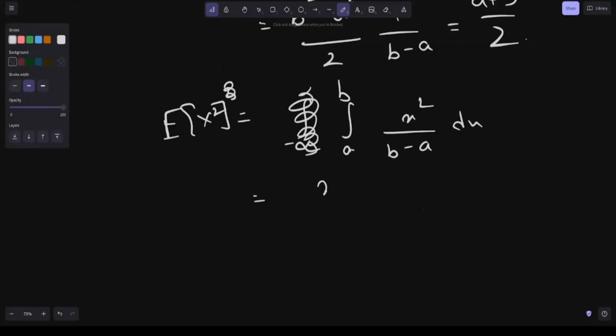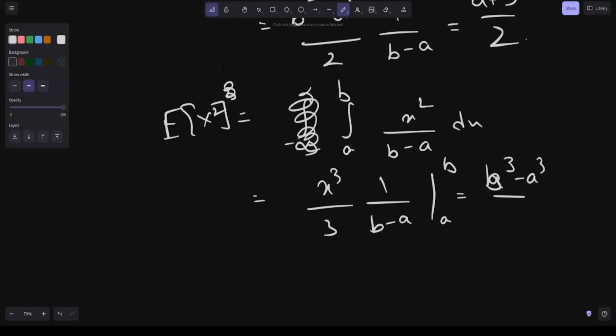So this will be x cube by 3 times 1 over b minus a, from a to b. This comes out to be b cube minus a cube by 3 into b minus a, but I think the formula will be something like a square plus b square plus ab by 3, if I'm not wrong.